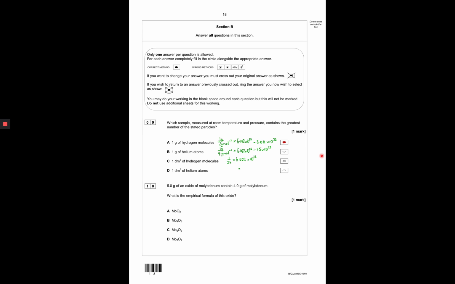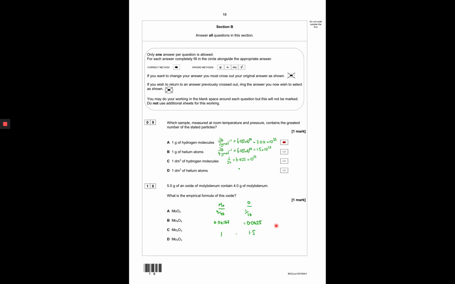What's the empirical formula of this oxide? Write the elements, there are 2 elements here, molybdenum and oxygen, then write the masses and divide those by the atomic masses. So 4/96 and 1/16, and then you'll have 2 numbers. You divide through by the smallest.